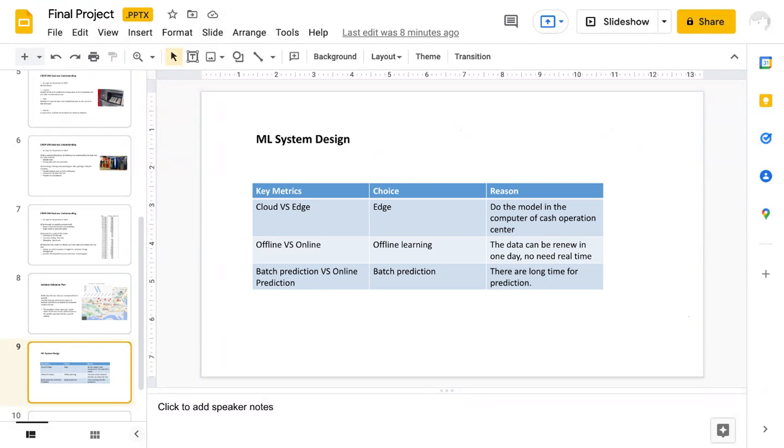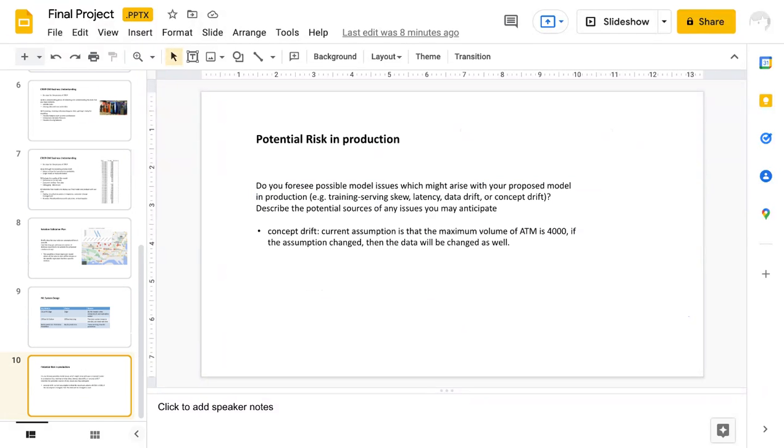The data can be renewed in one day. No need for very real time data. And we want the batch prediction. Actually, there is a long time for the prediction to be used, so we have enough time. We don't need very real time prediction. We just need to know in advance, about 2 days, that kind of thing.